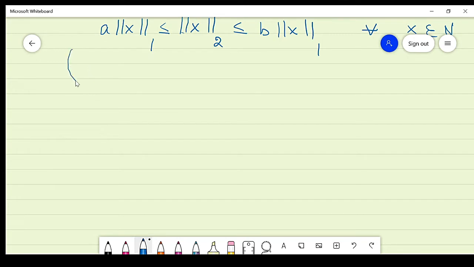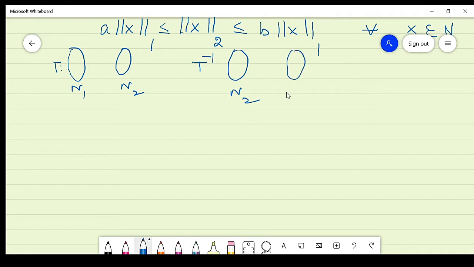So here T maps from N1 to N2, and T inverse is from N2 to N1, remember that, clear?